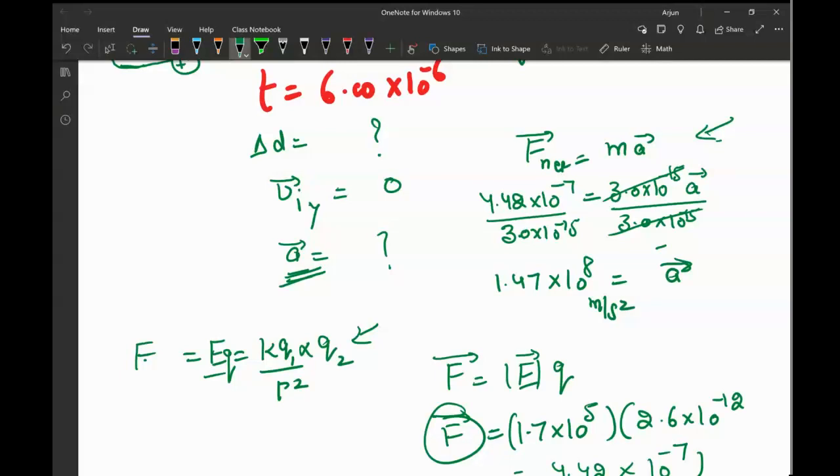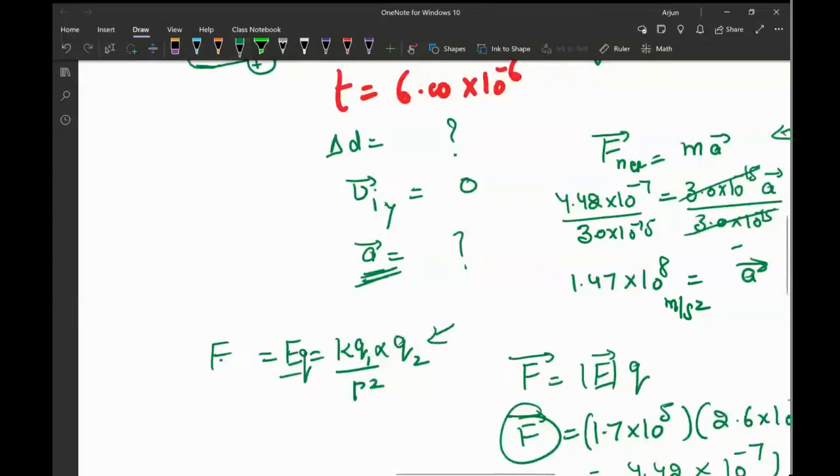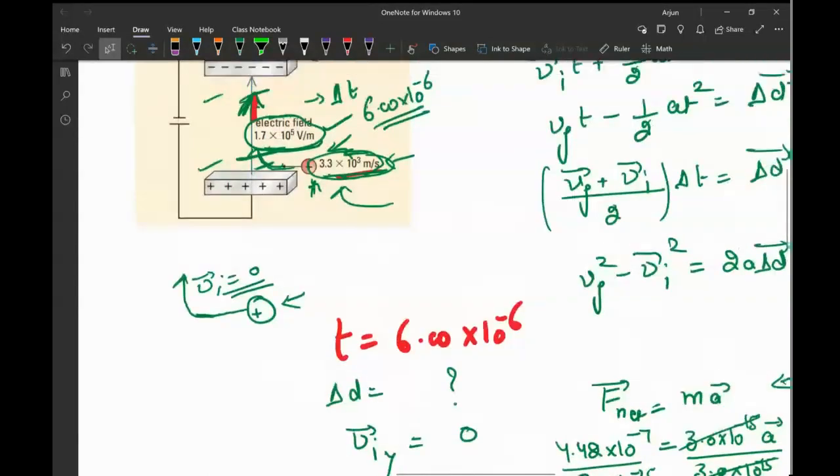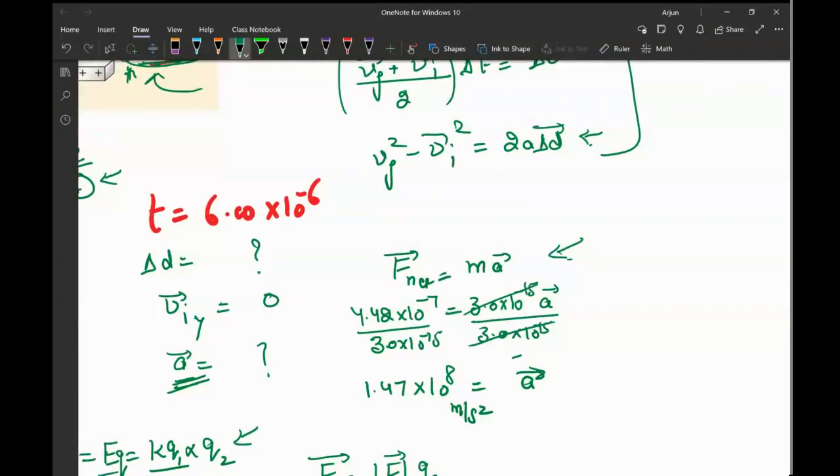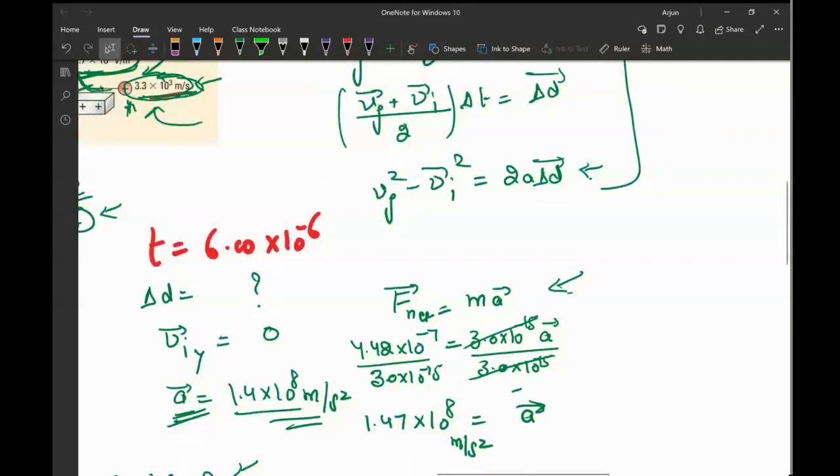Now I'm going to plug the acceleration value into one of these equations. How am I going to select which equation I will need to use? So I have the acceleration value here now. Acceleration value is 1.47 times 10 raised to the power 8 meters per second square. I have time, I have the initial velocity, acceleration, and I have to find the displacement.